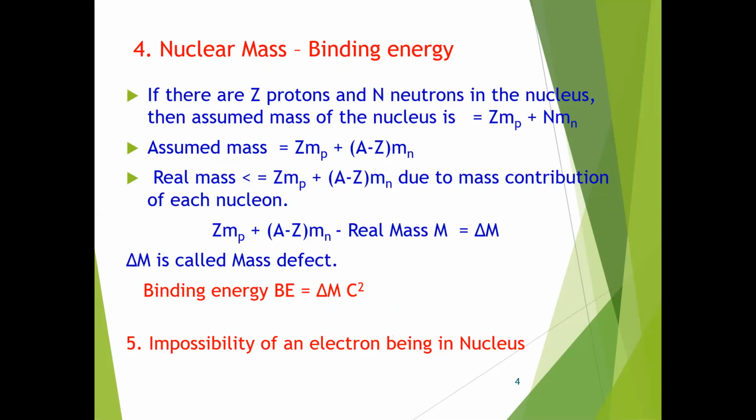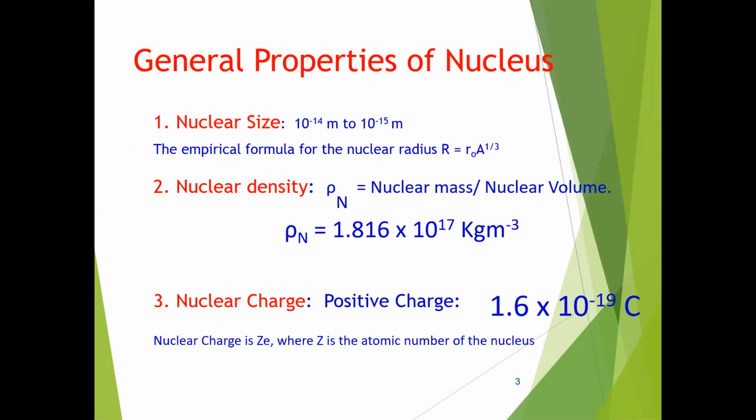R0 is a constant, equal to 1.3 into 10 power minus 15 meters. A is the mass number of the nucleus.